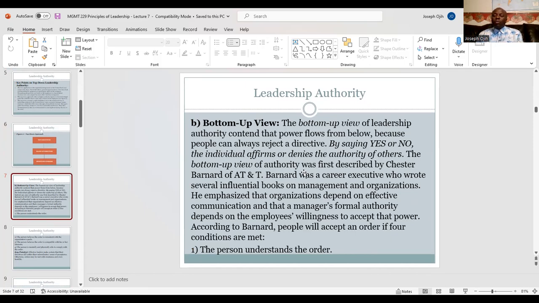Why? Because if the management communicates some information about what is to be done, the frontline employees might decide to go on strike and refuse. And sometimes they can force management to do something that they don't plan to do.